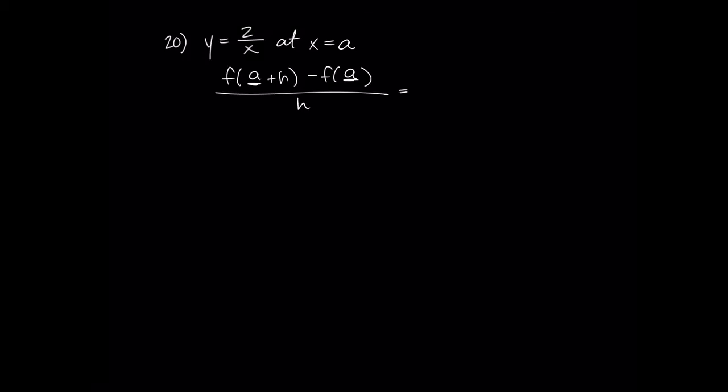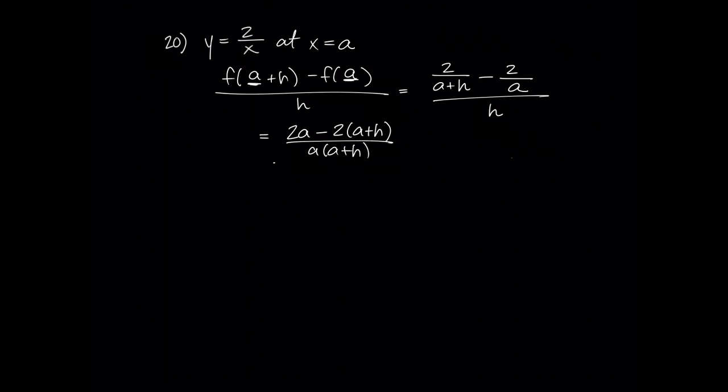And so now let's plug it in. 2 over a plus h minus 2 over a all over h. So what we have to do now is combine the numerator into one single fraction. So with a little bit of common denominators, and skipping a couple steps, we have 2a minus 2 times a plus h all over a times a plus h, all over h.